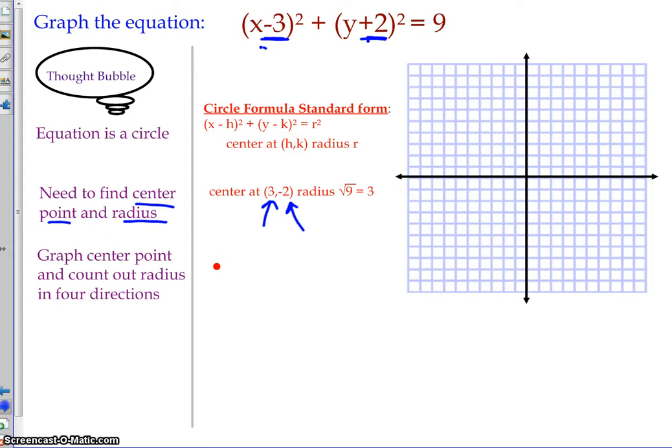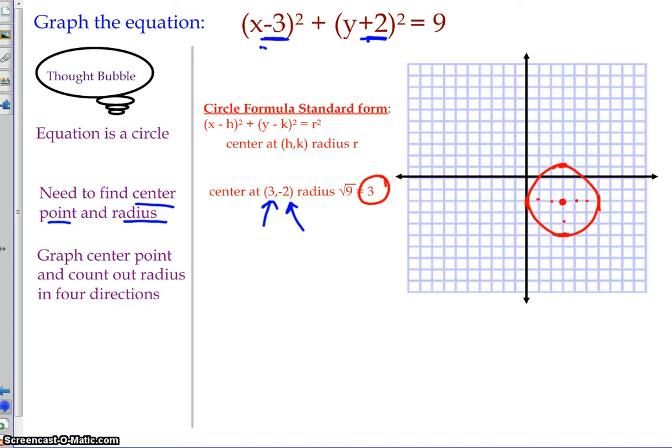So where is my center point? I'm just going to use red for my center point. It's at the point (3, negative 2): 1, 2, 3, down 2. So there's my center point. From my center point, I have a radius of 3, which means from this point, if I go 3 in any direction, counting out 3, that's going to be some of the vertices. There's an infinite number of vertices of my circle.